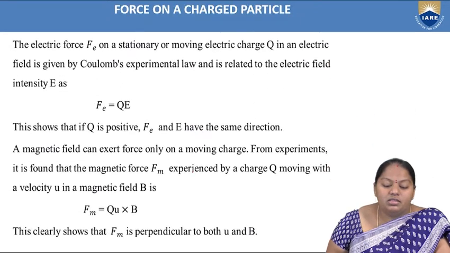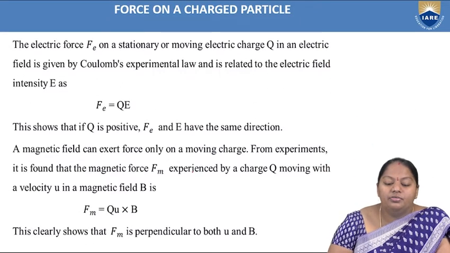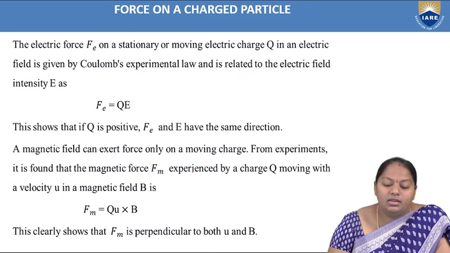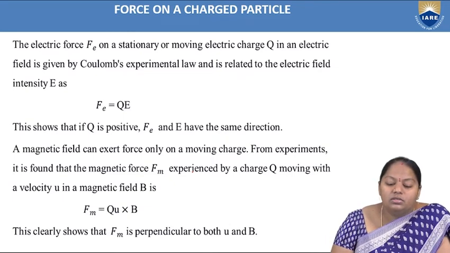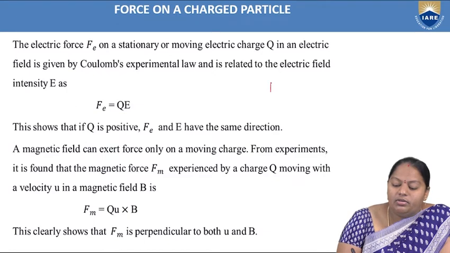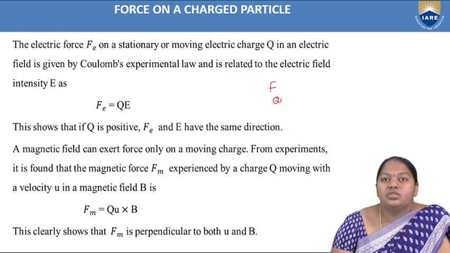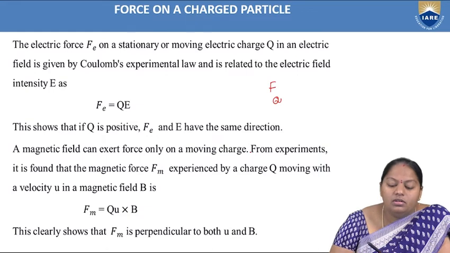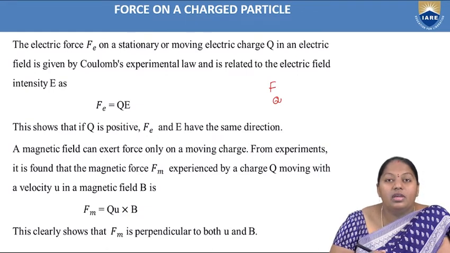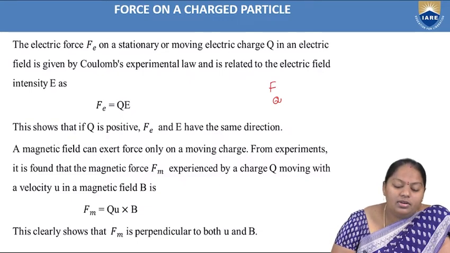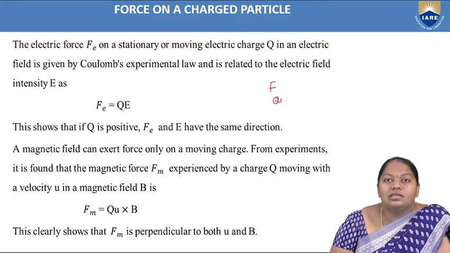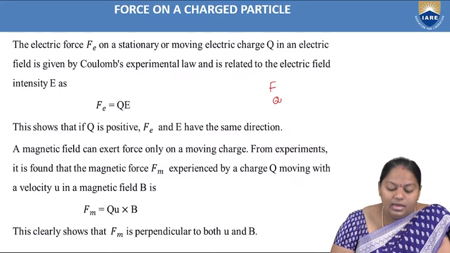The first case which we are going to learn is the force on a charged particle. The force is denoted as F on a charged particle, generally a static object with stationary charge Q. In order to derive the equation for this force, we consider the electric field analogy and the magnetic field analogy.